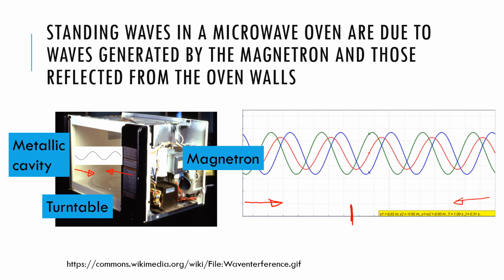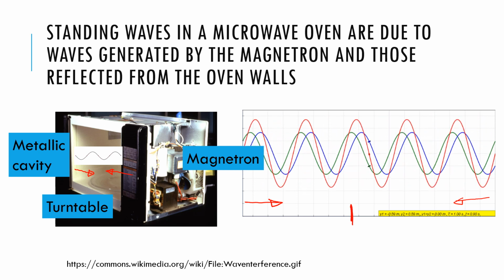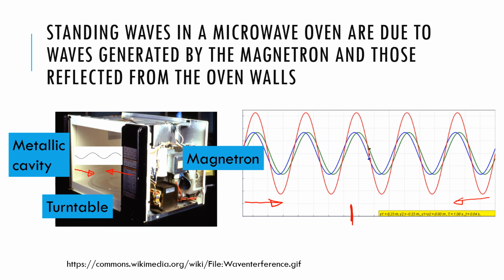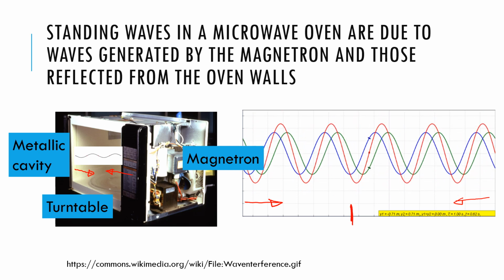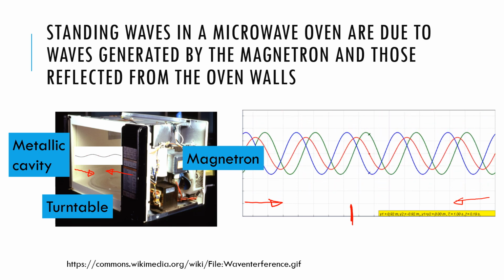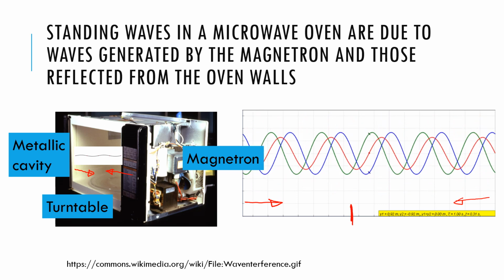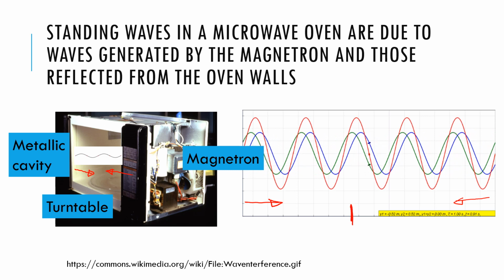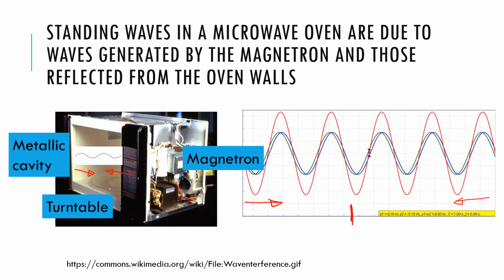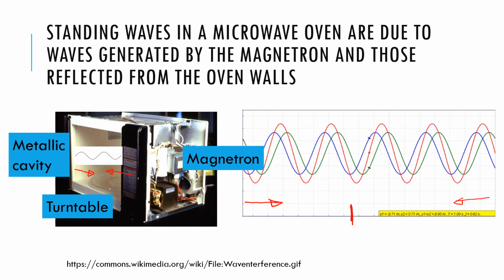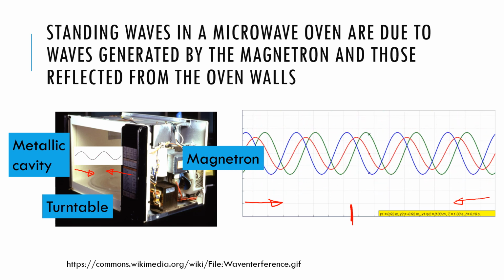Now you look at the red one. Isn't that interesting? Whereas blue is traveling to the left and the green is traveling to the right, the red is not moving at all. It is standing in place. This is why the red would be called a standing wave.